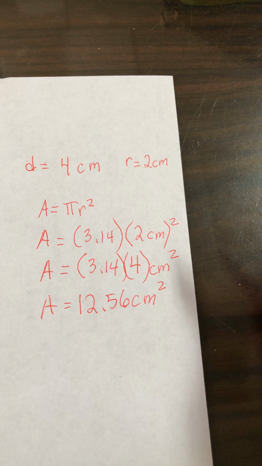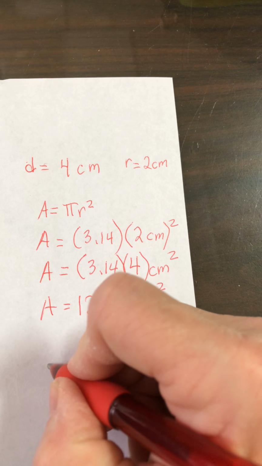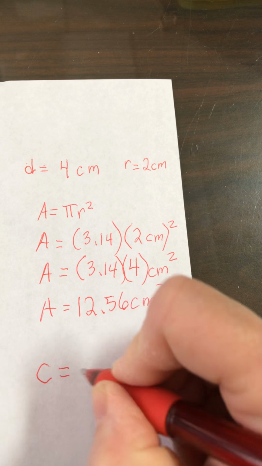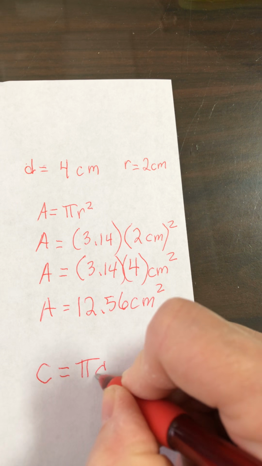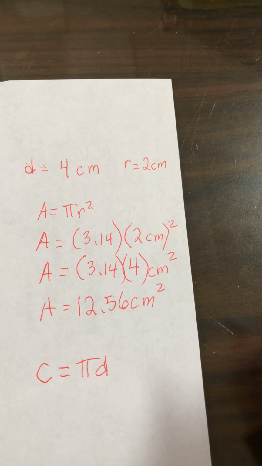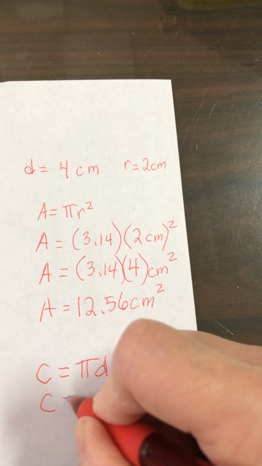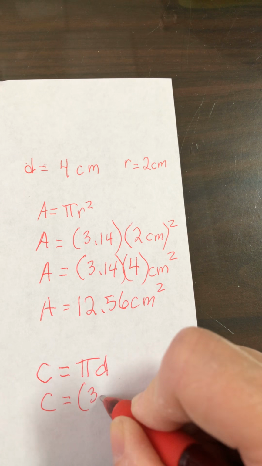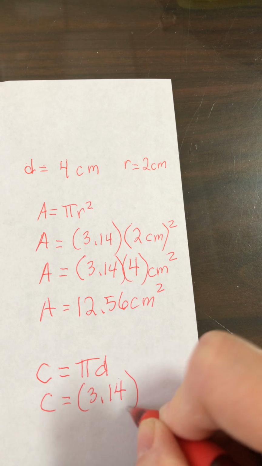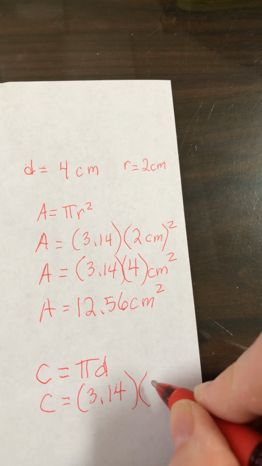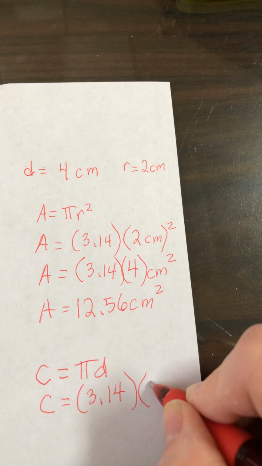Now, if I were going to find the circumference of that same problem, I would choose C equals pi d as the formula that I'm going to use. Then I simply substitute in C equals 3.14 times the diameter, 4 centimeters.